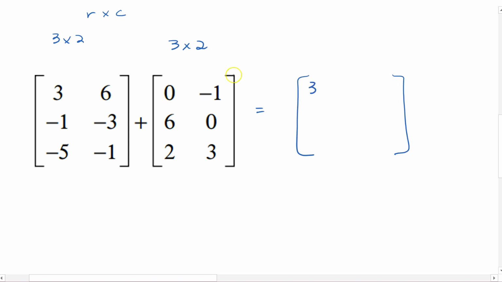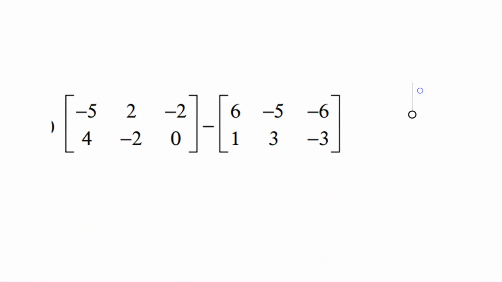It's 3. 6 and -1 is 5. -1 plus 6, of course, is 5. -3 and 0 is -3. -5 and 2 is -3, and -1 plus 3 is 2. So here I have added those 2 matrices to make one summation of a matrix.